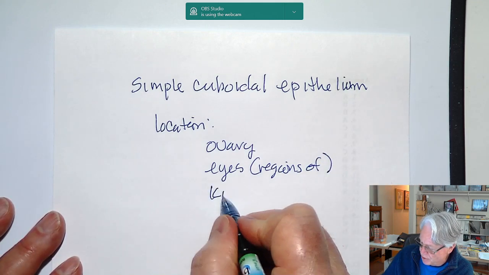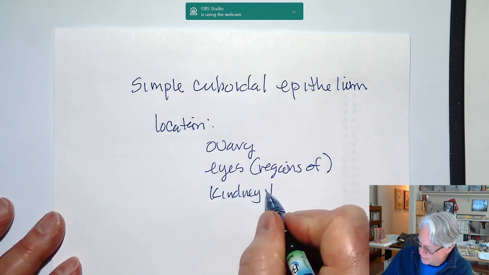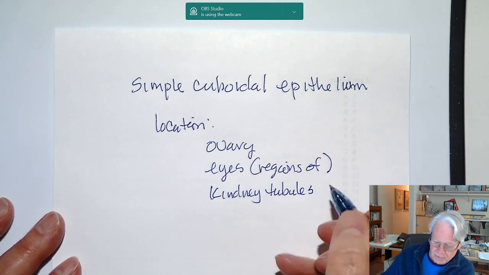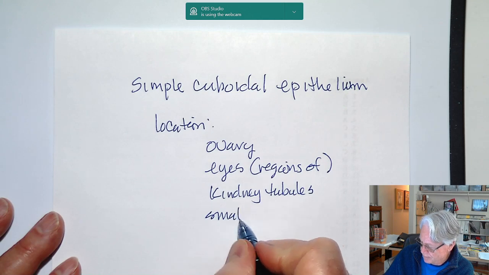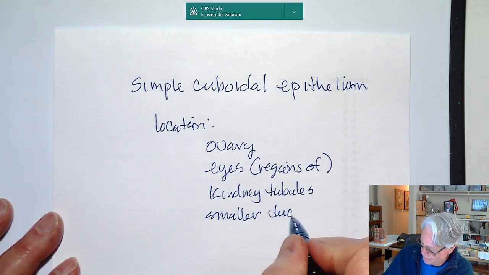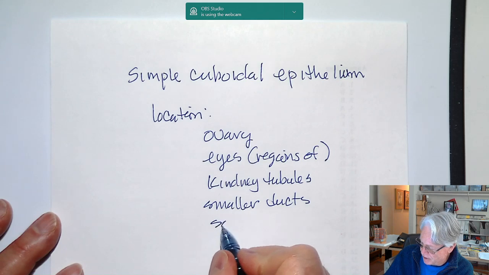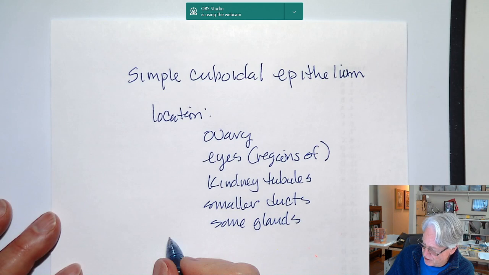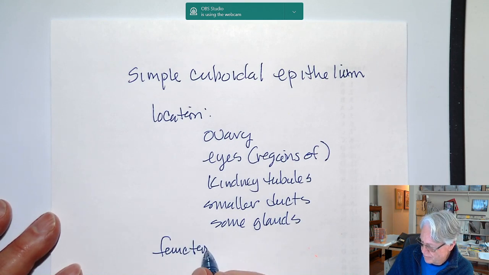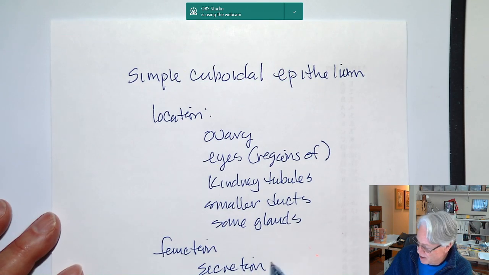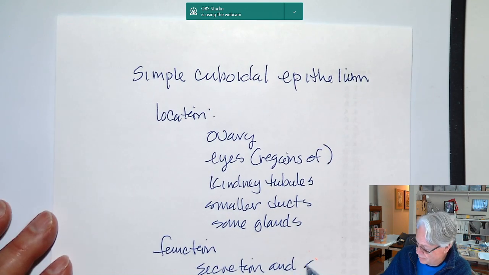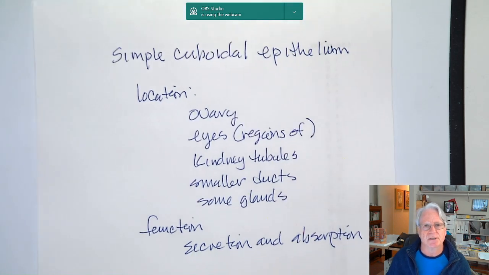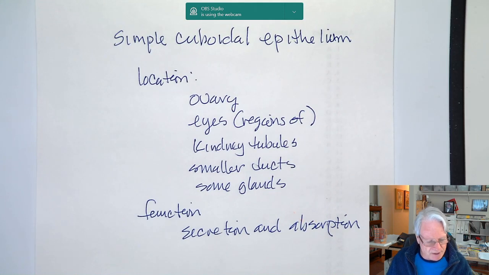The kidney tubules, smaller ducts, and some glands. Function here is secretion and absorption. Simple cuboidal epithelium.